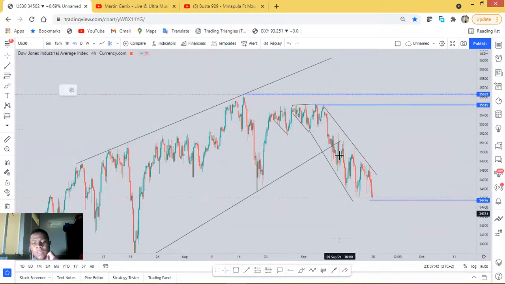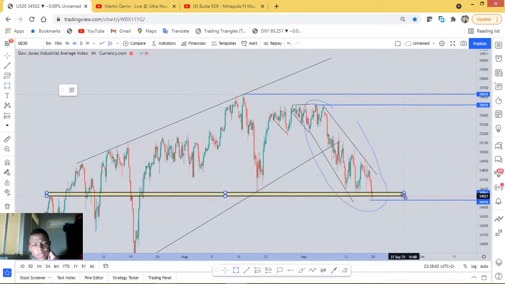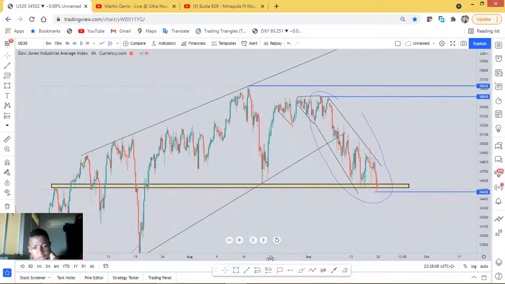So we can see that we're in some sort of a downward channel, right? And we can see that right now we are at an area of great significance. I don't like using this tool, but yes, we are at an area of great significance.